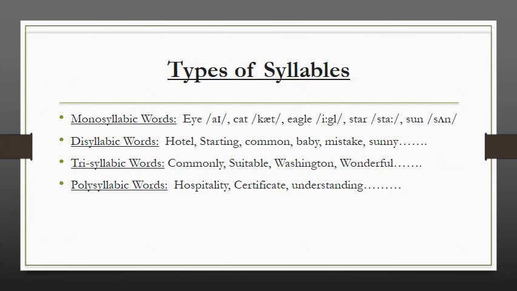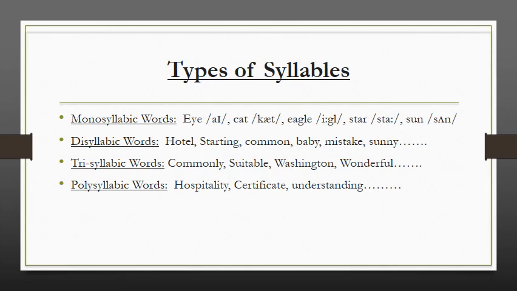We may see that all these words mentioned in front of the monosyllabic words are single syllables, but they are the full words. Like I, we produce this word in one pulse of the chest, in one flow. Next one is cat, eagle, star, sun. These are the monosyllabic words.